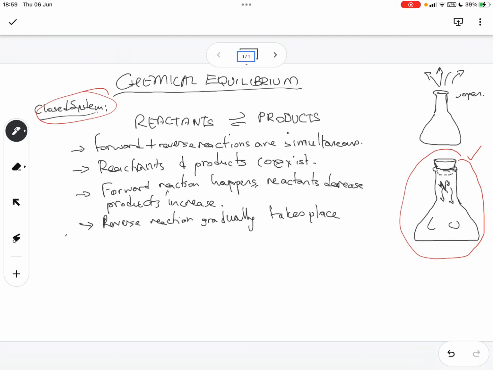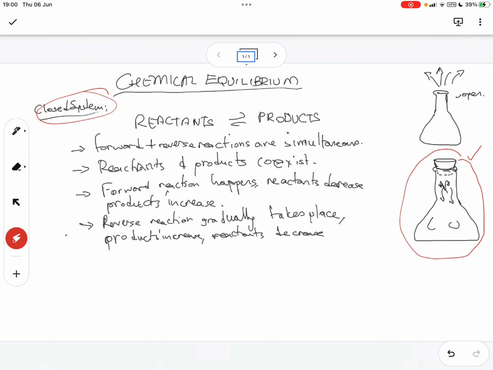And as it increases, the concentration of products increases, but reactants decrease. So as this decreases, this increases.